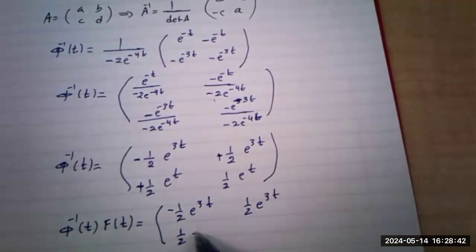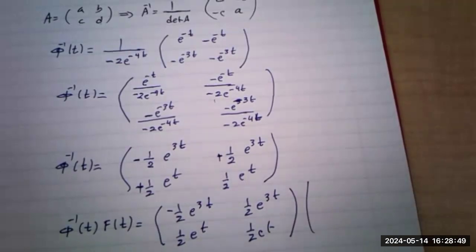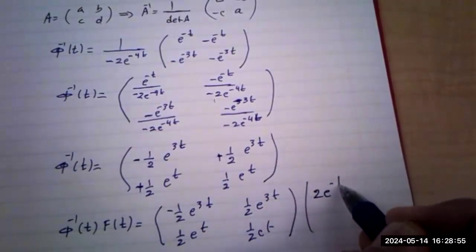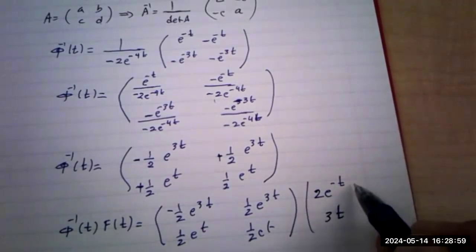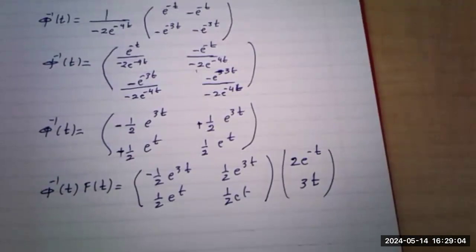And that gives 1/2 e to the t, 1/2 e to the t, times f of t. What was f of t? Remember that it was 2e to the -t, 2e to the -t, and the 3t. So this is f of t.